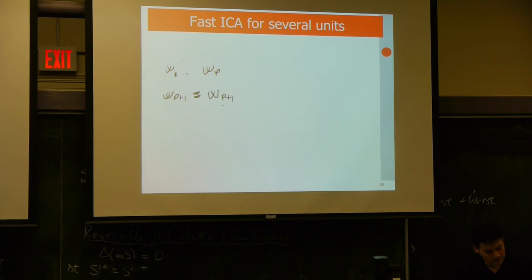So you calculated this from the first ICA update. And then you make sure that it's orthonormal to the previous ones. So you do a Gram-Schmidt decorrelation. What's the projection of WP plus 1 onto the previous components? That's this. So you just remove it.